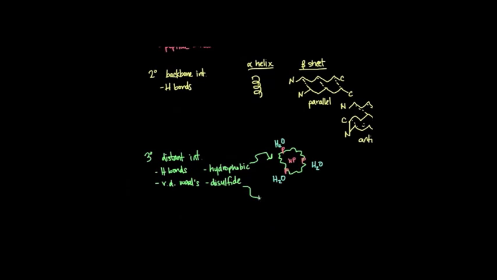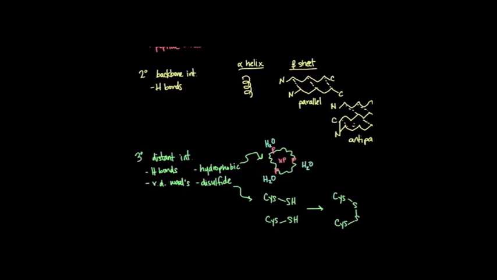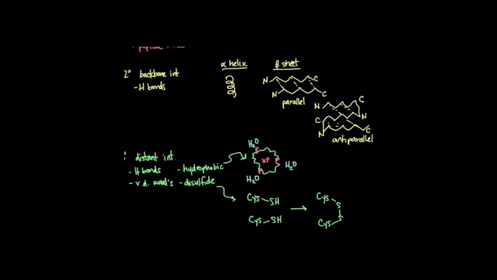Disulfide bridges, on the other hand, describe an interaction that happens only between cysteines. So cysteines are a type of amino acid that have a special thiol group as part of its side chain. And this thiol group has a sulfur atom that can become oxidized. And when this oxidation occurs, you get the formation of a covalent bond between the sulfur groups. The formation of a disulfide bridge happens on the exterior of a cell.